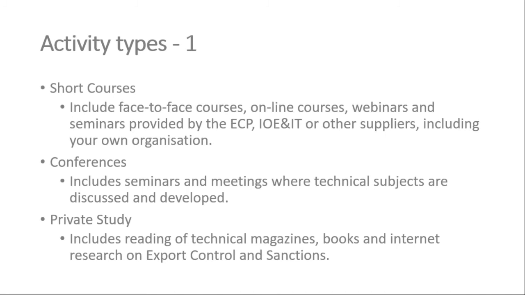Some of us have the opportunity to go on conferences and seminars, meetings where technical subjects are discussed and developed. If you go on any of these conferences, then by all means think about how you would claim it and how many points you think you might claim.